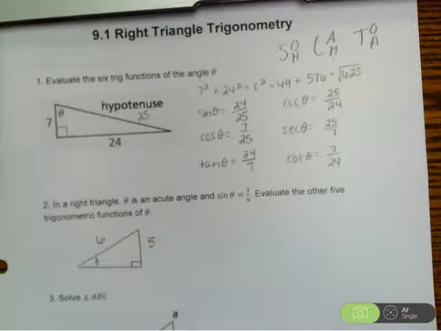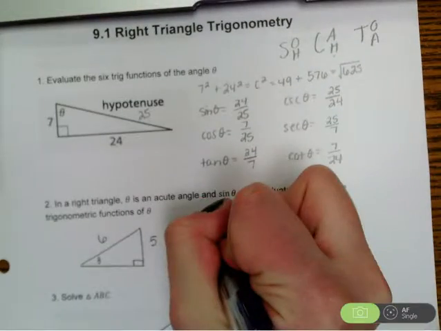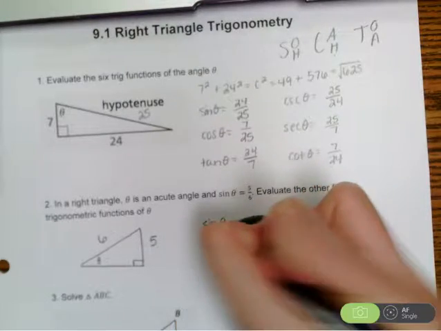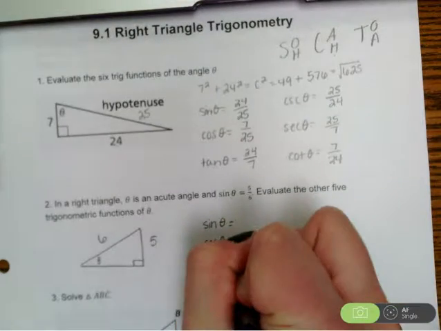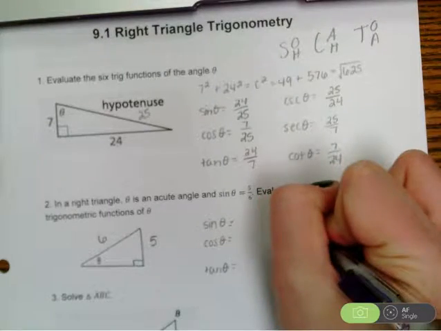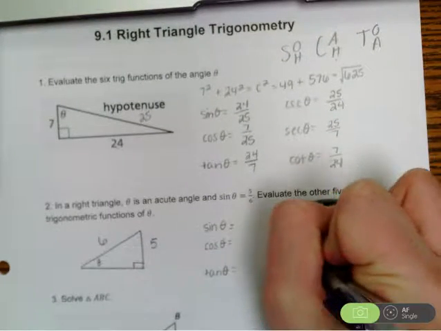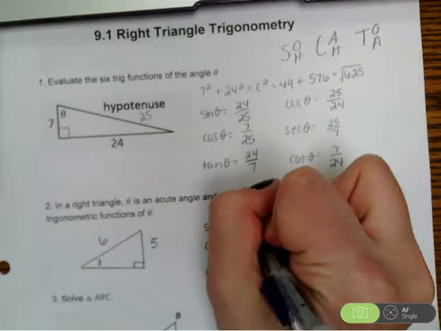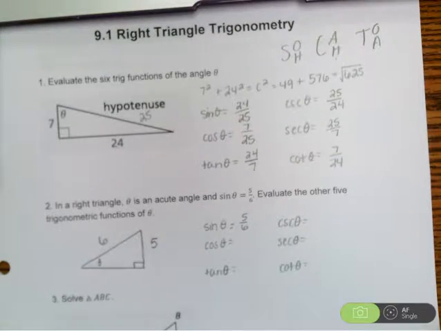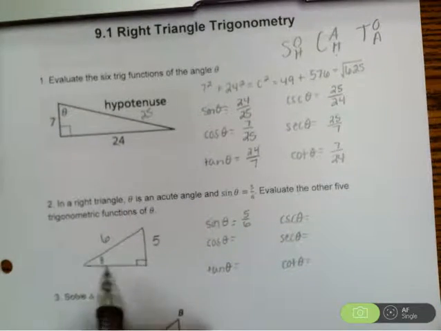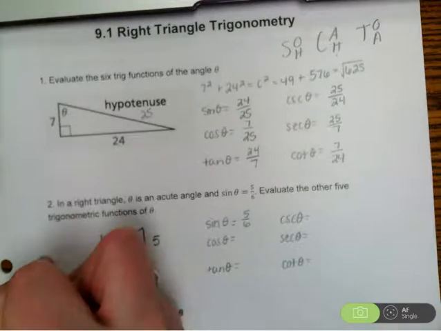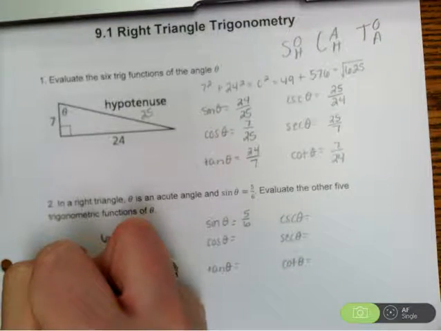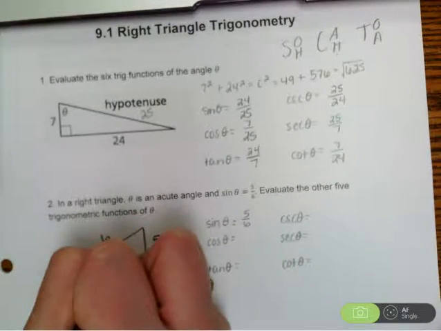Like we did above, we want to evaluate all 6 trig functions. So we need the sine, the cosine, and the tangent of theta, then the cosecant, the secant, and the cotangent of theta. We were already given the sine, which is 5 over 6. To find the cosine, we need to find this leg here. With the Pythagorean theorem, a squared, which is what we're missing, plus b squared is equal to c squared.